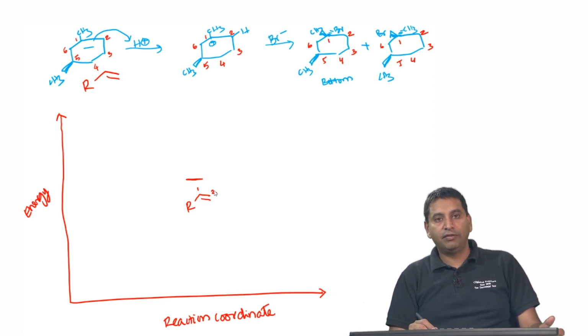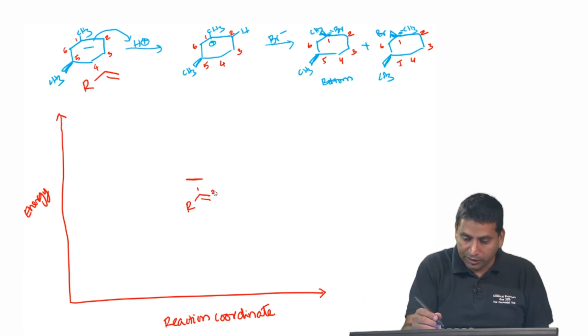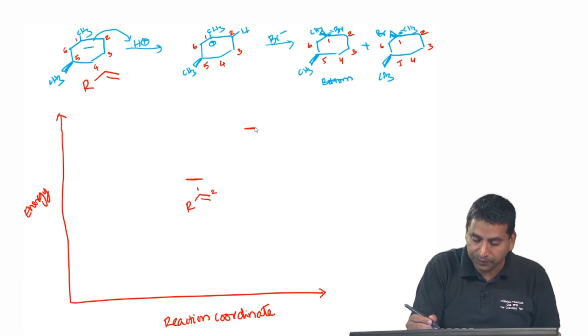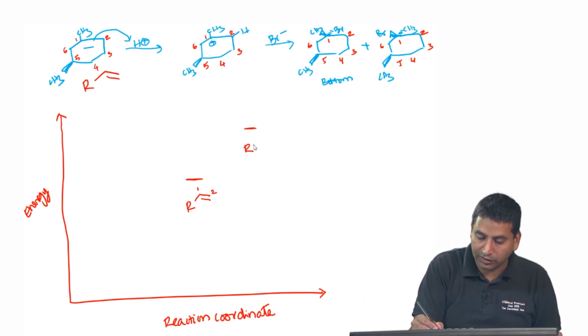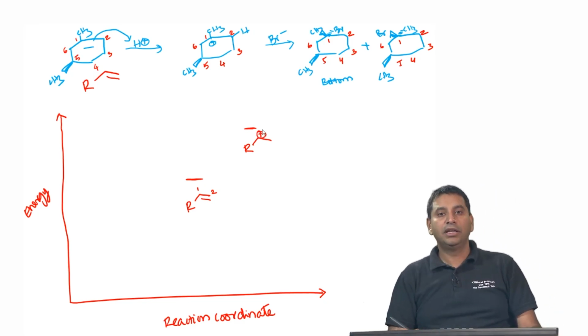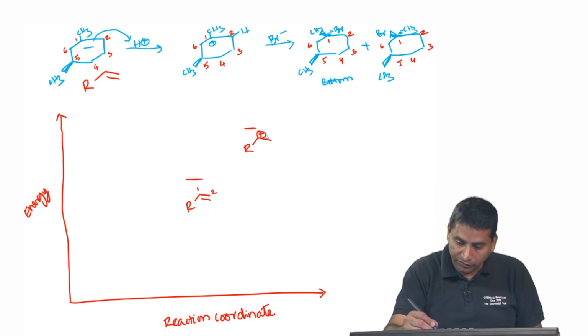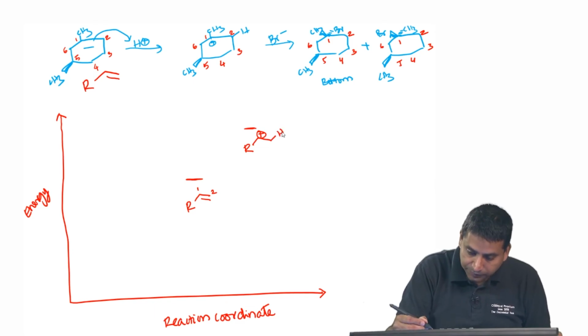Okay. So, if I assume here, then I would expect that the first intermediate that would be formed is the carbocation. So, as we would expect, the carbocation would be a high energy intermediate. So, I am going to label this as R plus, okay, and the new hydrogen is over here.